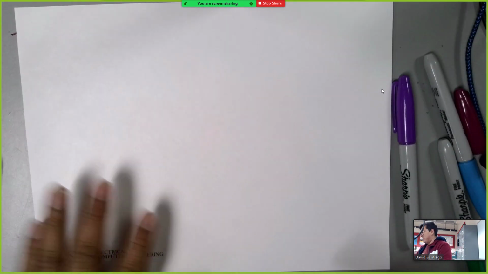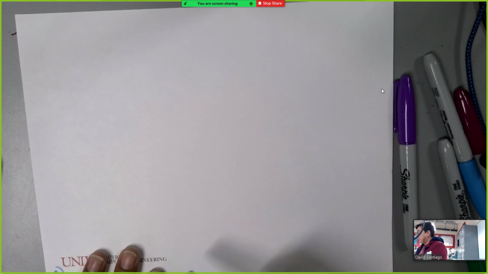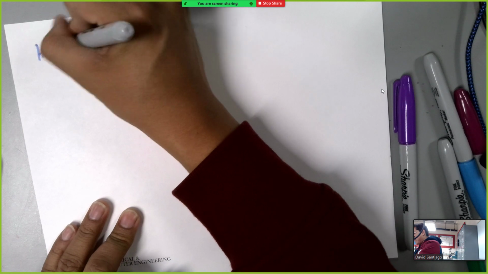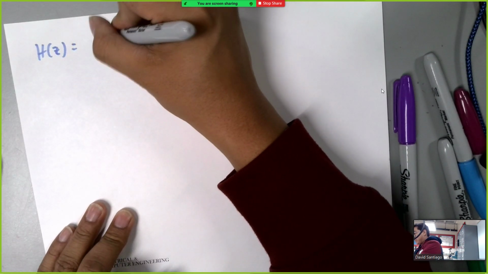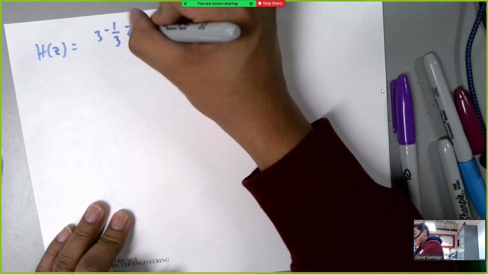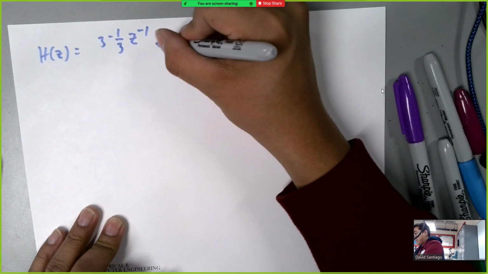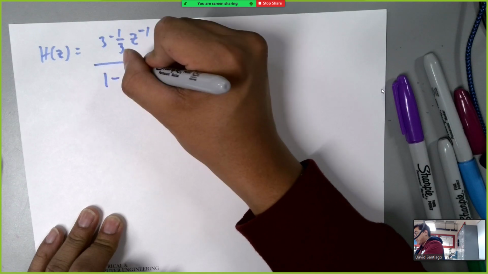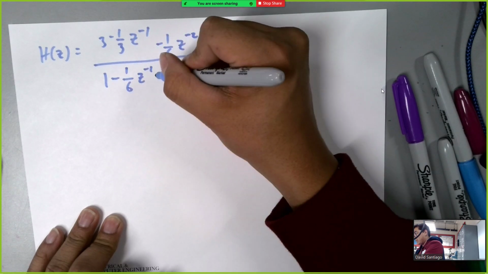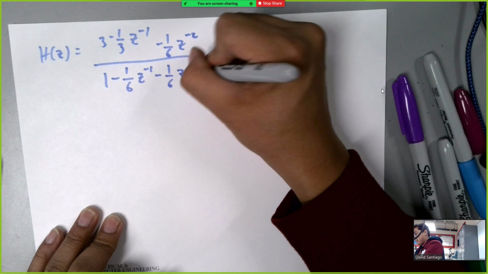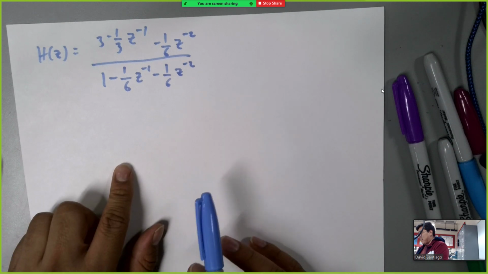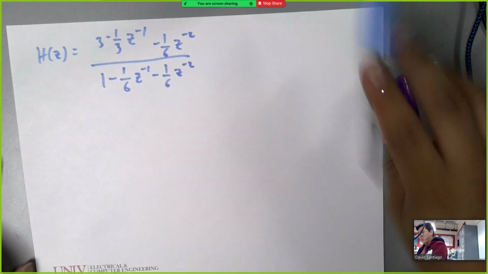So if you wanted to, I'll give a really good one. H of z is equal to 3 minus 3 z to the minus 1 minus 1 over 6 z to the minus 2, divided by 1 minus 1 over 6 z to the minus 1 minus 1 over 6 z to the minus 2, okay? One trick I'm about to show you all is the poles.